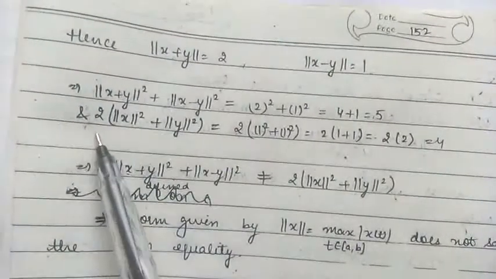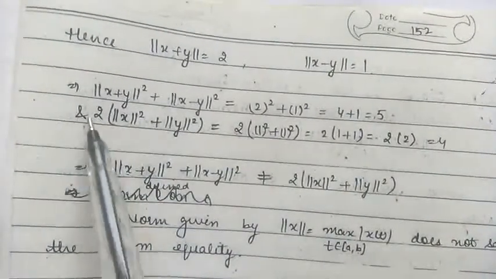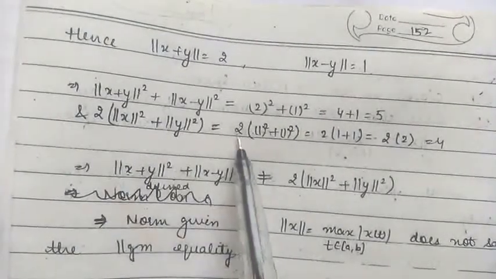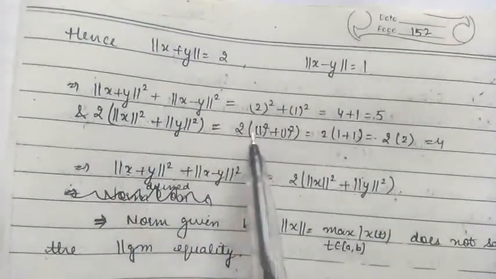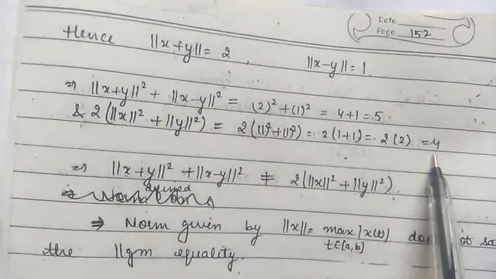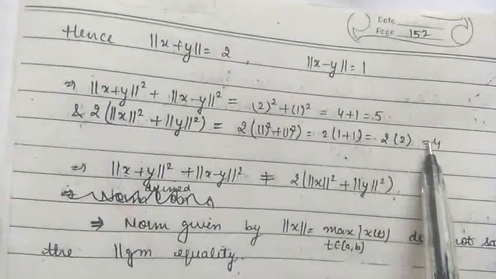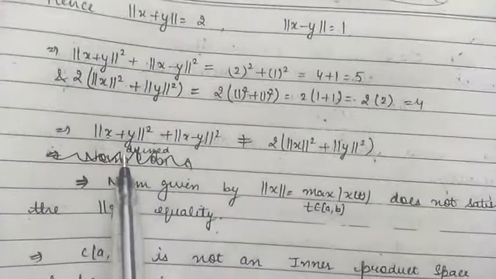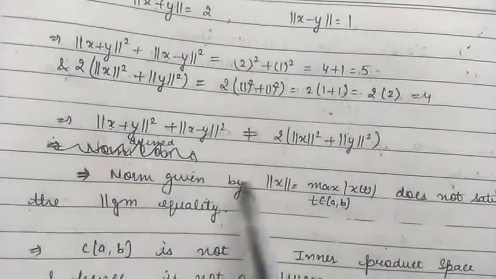On the right hand side of the parallelogram equality, 2 times (the norm of x squared plus the norm of y squared), the norm of x is 1 and the norm of y is 1. So putting in the values, we get 2 into 2, so that becomes 4. Thus we can see that these two sides are not the same. So it means the parallelogram equality is not satisfied.